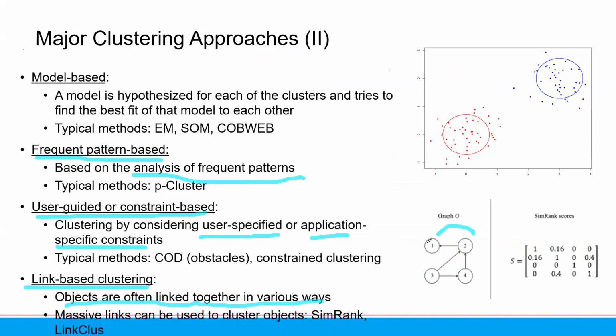Let's say this is the graph. Person number 4 is connected to number 2. Person number 3 is connected to persons 2 and 4. And person number 2 is connected to person number 1. I would like to know the similarity between those people. Then I can make some kind of similarity scores, and based on these scores, we can make a cluster.